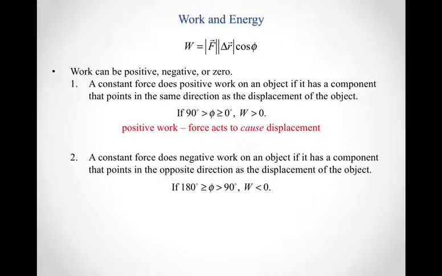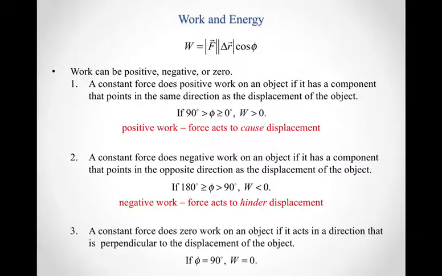On the other hand, if the force has a component that points in the opposite direction as the displacement, which means that the angle between them is something just past 90 degrees all the way out to 180, then that force will do negative work. A force doing negative work means that that force is acting to hinder the displacement. Third option, 0 work. That comes when the force and displacement vector are perpendicular to each other. So work is a scalar. It's a scalar that can be positive, negative, or 0.